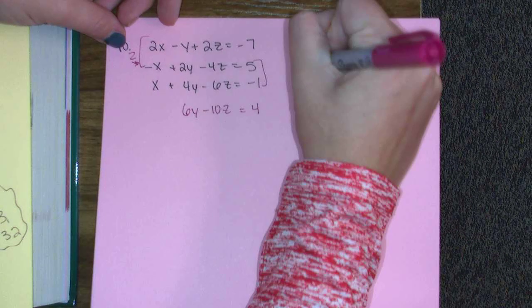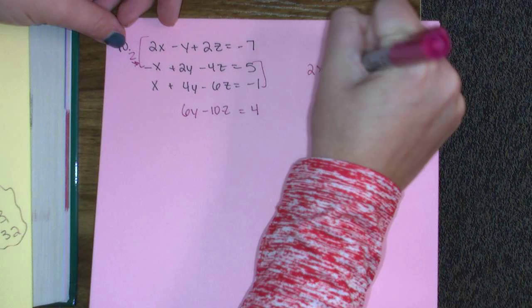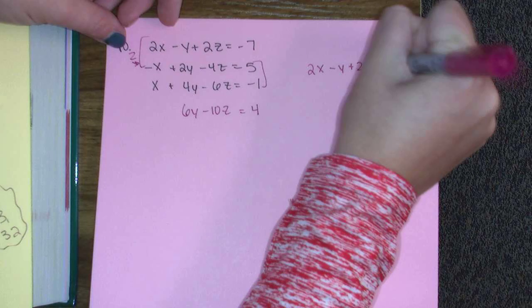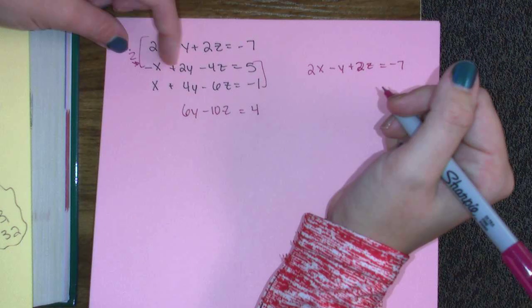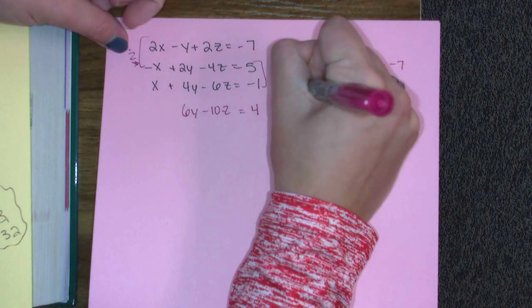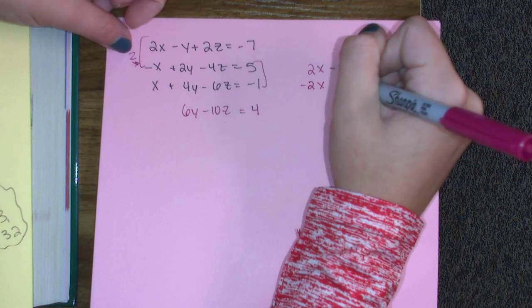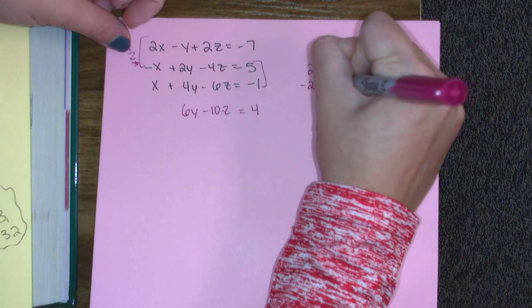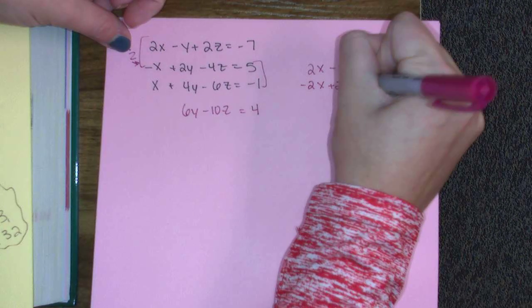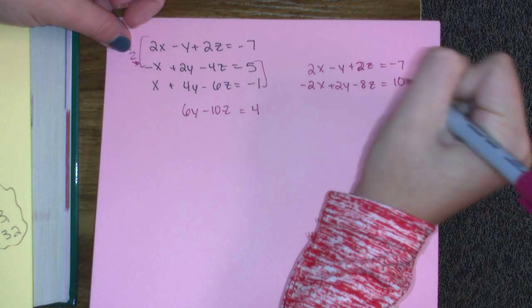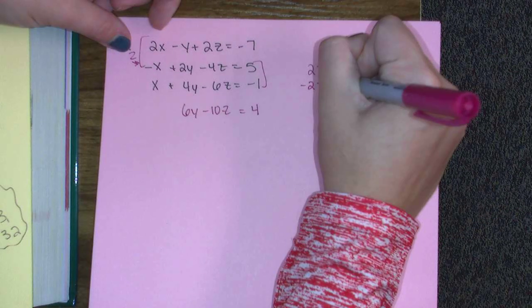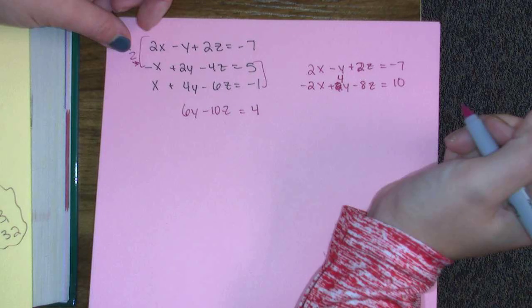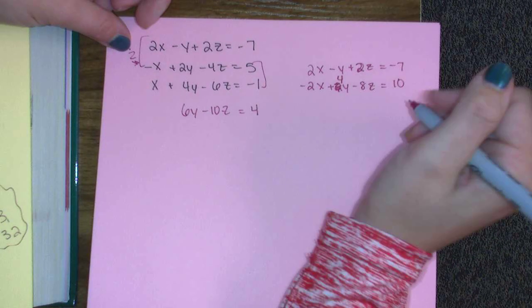So 2x minus y plus 2z is equal to negative 7. Now I'm multiplying this second equation by 2. Negative 2x plus 2y minus 8z is equal to 10.